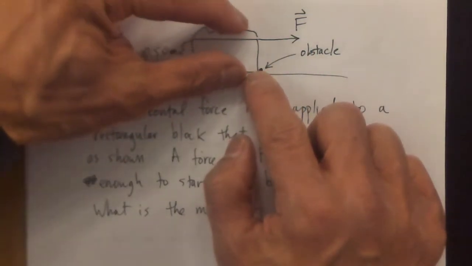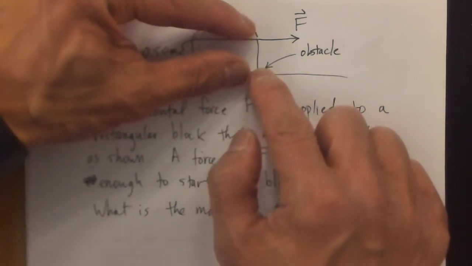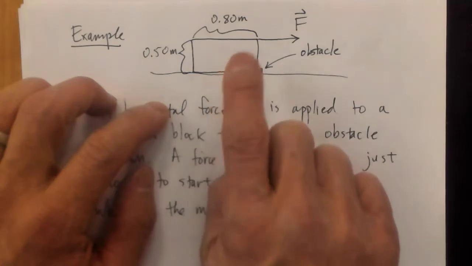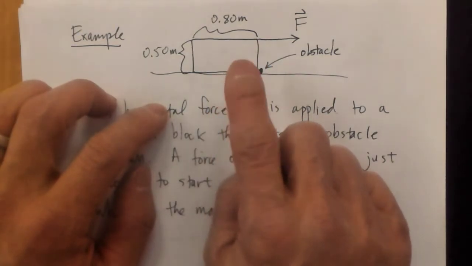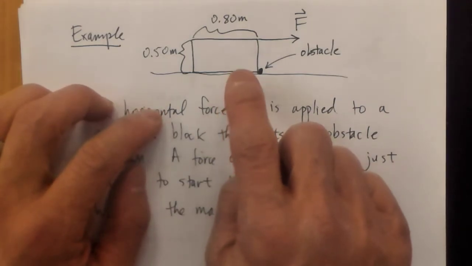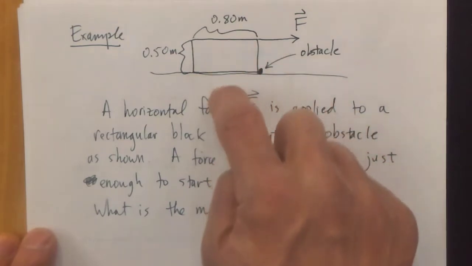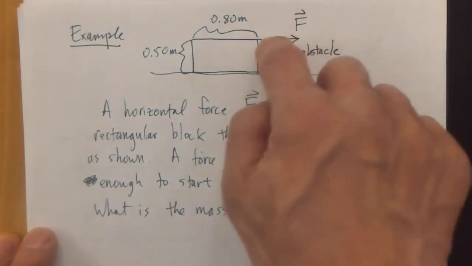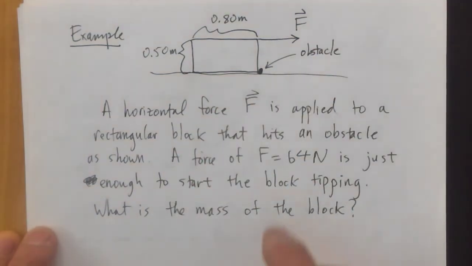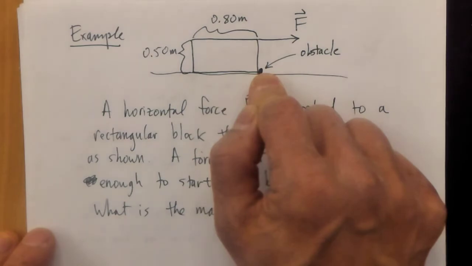So it's rotating about this obstacle. It's like a hinge here, and so there's no normal force due to this horizontal surface anymore because it's starting to tip. So the only forces acting on this block will be the force of gravity, this horizontal force, and the force of this obstacle touching the block. Everybody's with me on that?